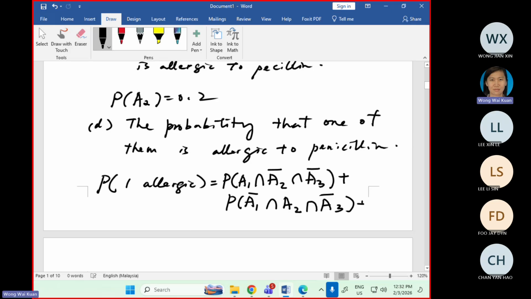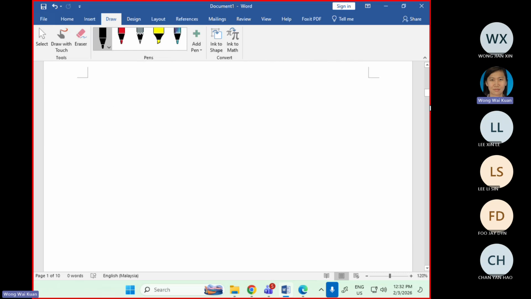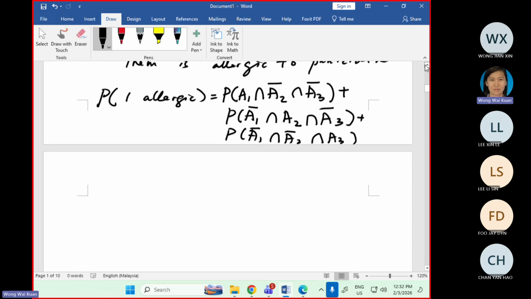Or I'm having the first one not allergic, second one also not allergic, but the third one allergic. Am I right? Okay, so that's why sometimes you ask why I need to multiply by 3. This is the reason. When I have one allergy, it can be the first one, yes, but not the other, or the second one, but not the other, or the third one.